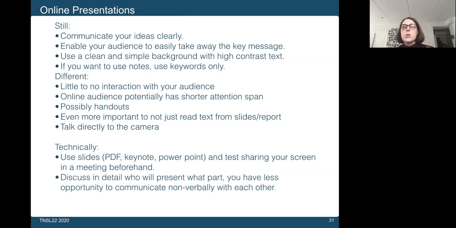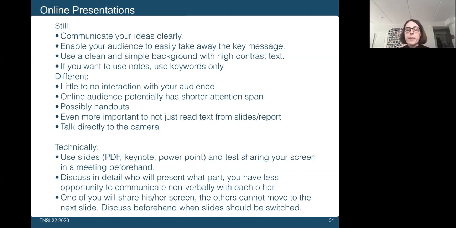So you need to really communicate beforehand who will present what part, what will be the clue for the next person taking over, how do I make sure that I have that kind of a script for that, who will do what. You don't have to have the complete script, so don't write everything down and have everyone learn what you want to say, but there should be some kind of hint that tells you, hey, that person is done now, now it's my turn.